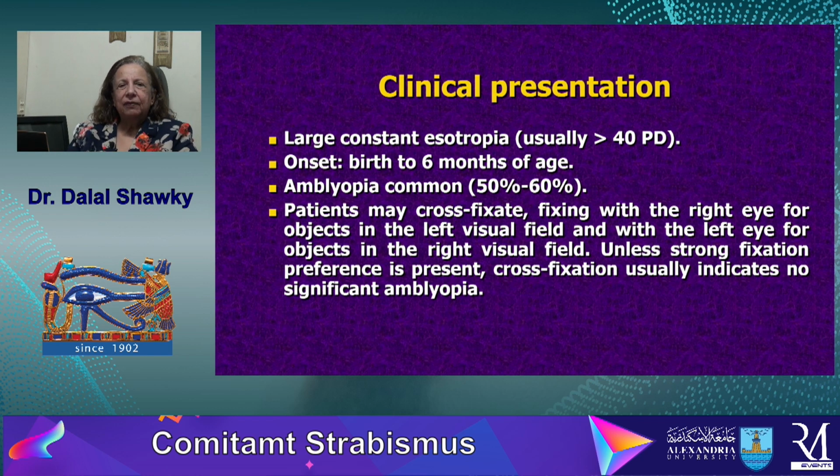If the child is having cross-fixation and is using both eyes, in this case, we know that there is most probably no amblyopia, except if there is some preference. He might have cross-fixation, but one eye is preferred more than the other. This means that the less preferred eye or the less dominant eye might have amblyopia.